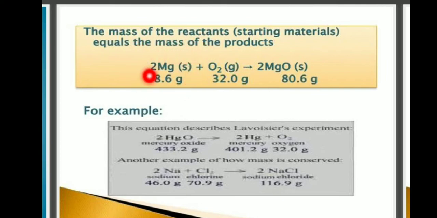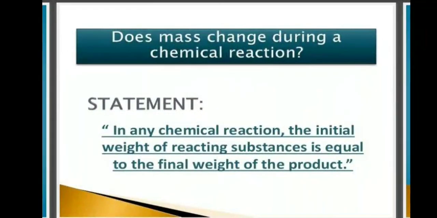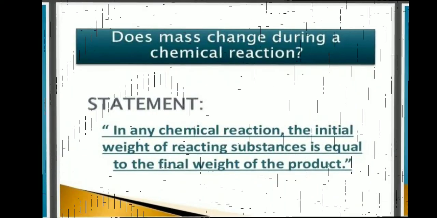Magnesium 48.6 gram, oxygen molecular weight 32.0, product magnesium oxide 80.6 gram. The mass of the reactants equals the mass of the products.